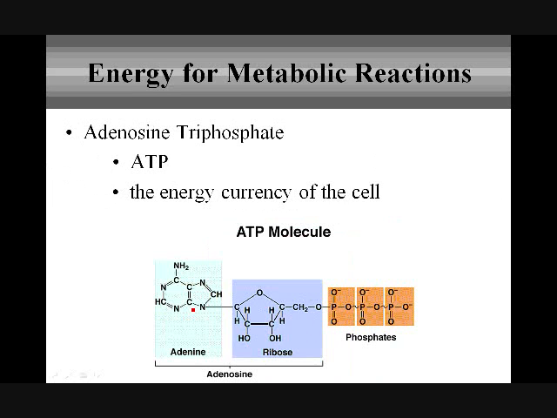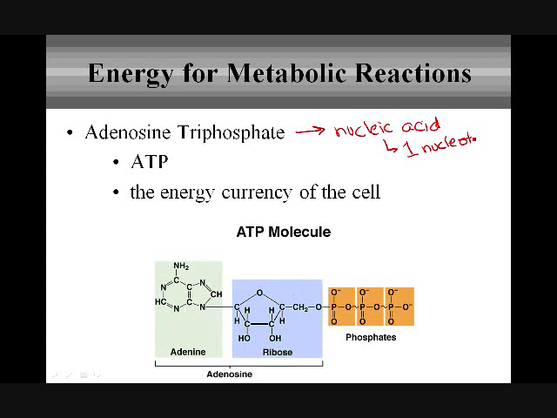So, like I said, ATP, adenosine triphosphate, is the energy in the cell. We also should indicate that ATP is a nucleic acid, and we should know that. But it's only one nucleotide standing alone.